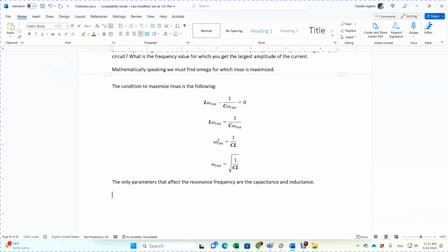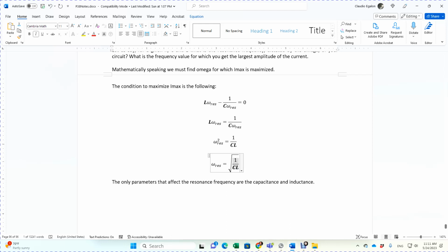The resistance plays no role in the resonance here. The resistance is there just to dampen the circuit. So if you use this value for the capacitance and the inductance, you are going to have the maximum current amplitude of your circuit.